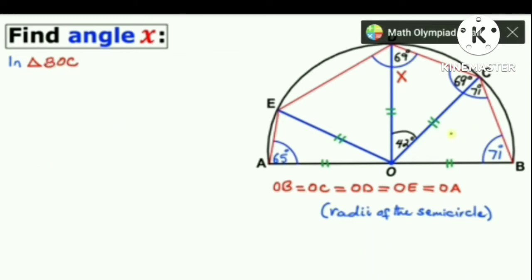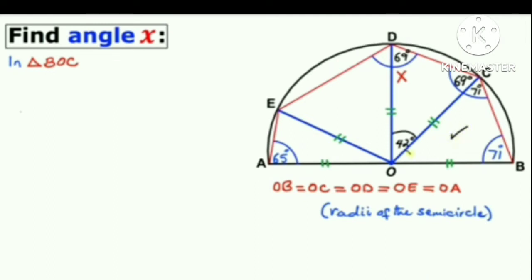Now let's focus on this triangle BOC. Once again, the sum of all three angles in this triangle must be equal to 180 degrees. Therefore, this angle has got to be 38 degrees, because 71 degrees plus 71 degrees plus 38 degrees gives us indeed 180 degrees.